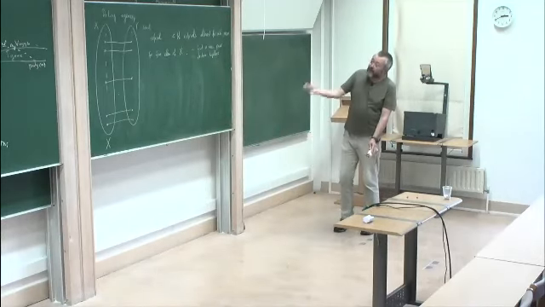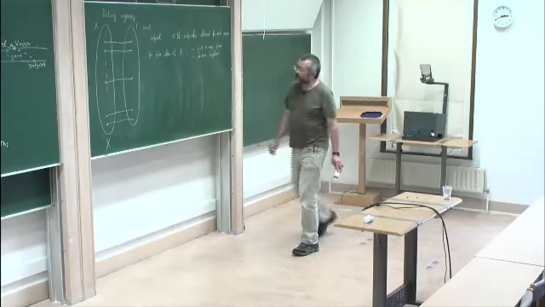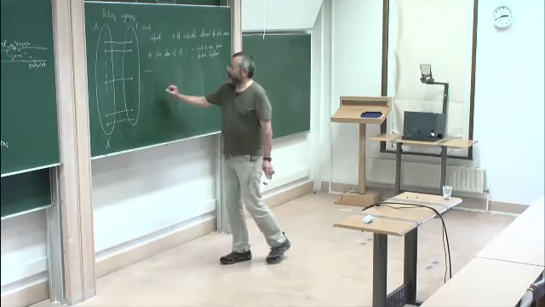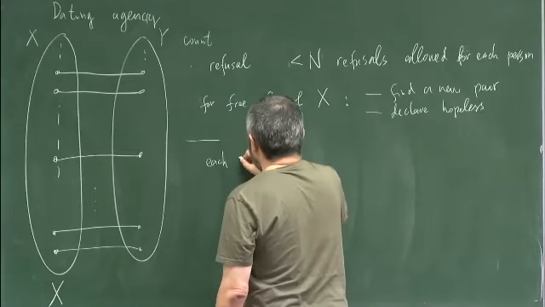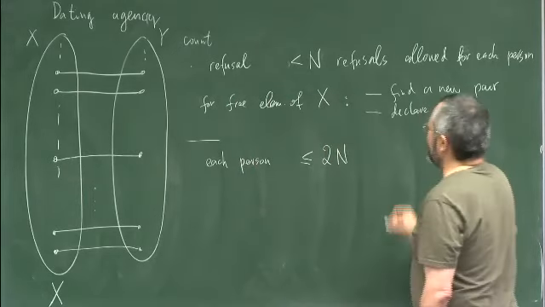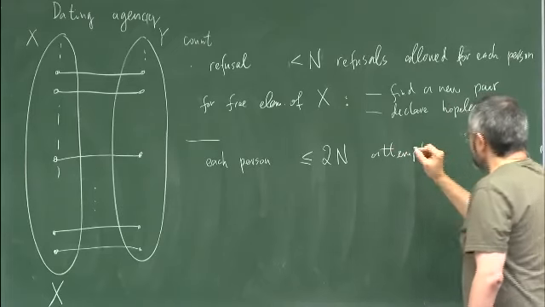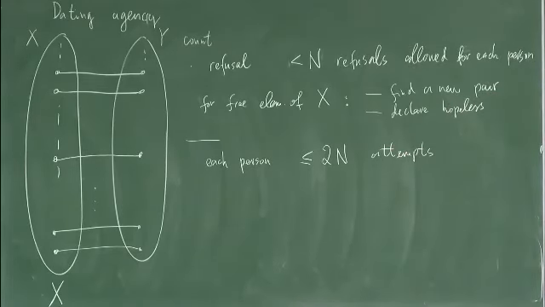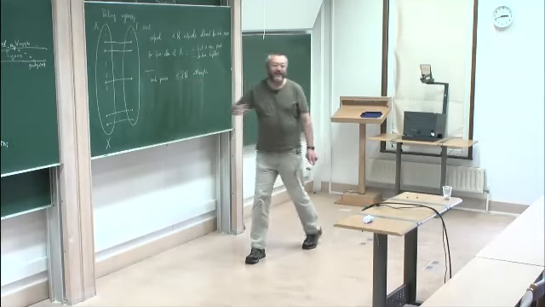And so, what are the obligations of the dating agency? There are two of them. First, a quantitative one: each person has at most 2n attempts. So nobody should be tried with more than 2n different pairs.